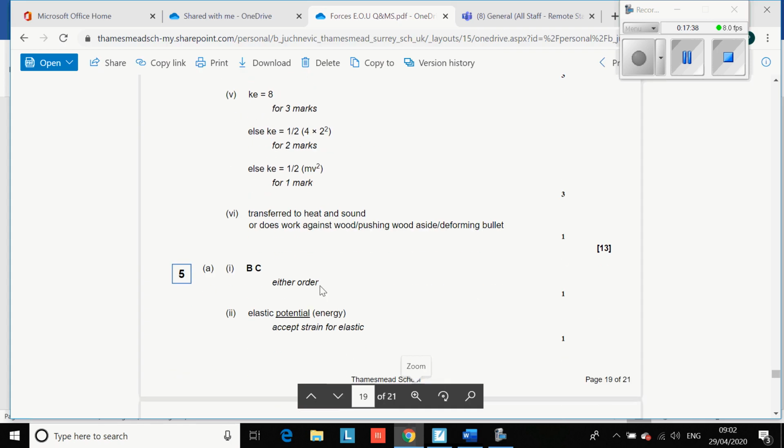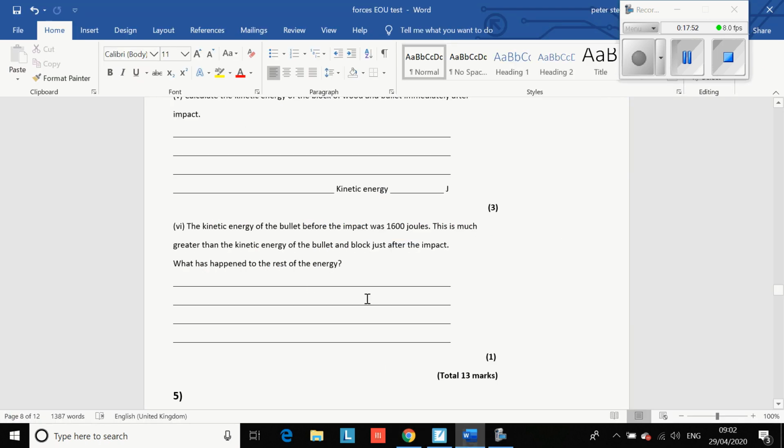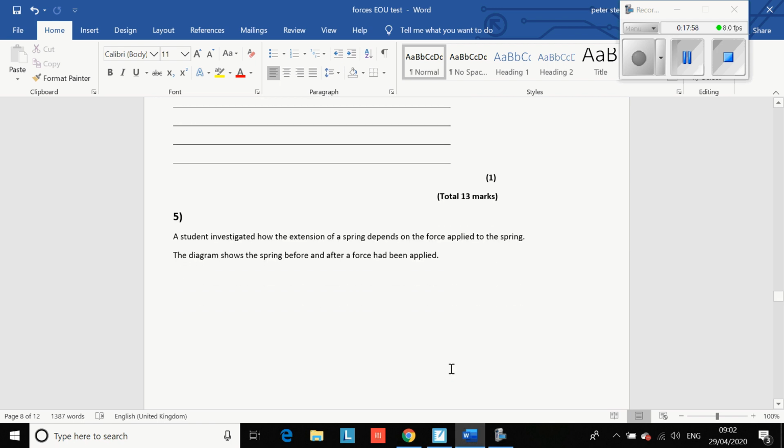Okay, so it was transferred to heat and sound, or does work against the wood, pushing the wood aside or deforming the bullet. So essentially, energy is transferred, and you need to identify that. So that was only worth 1 mark, and you need to say how that energy is identified. So total of 13 marks for that question.